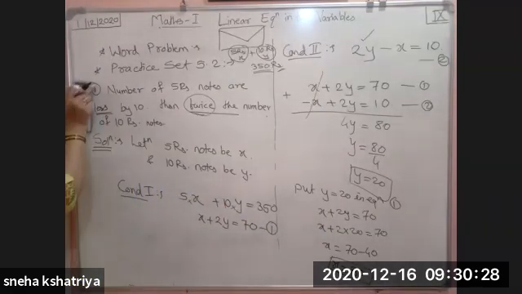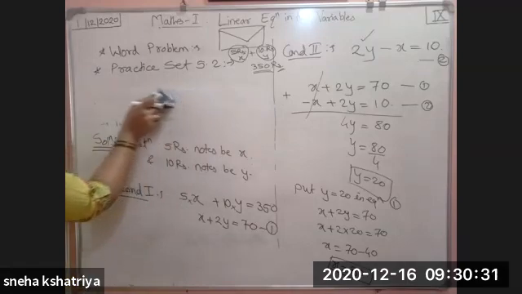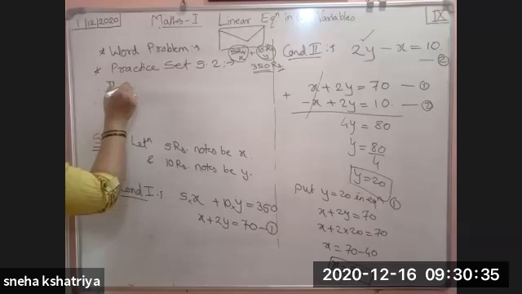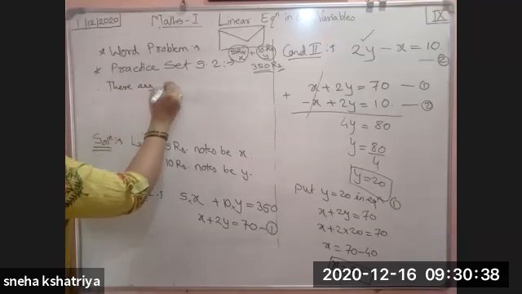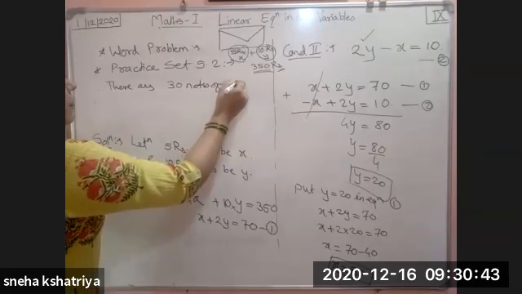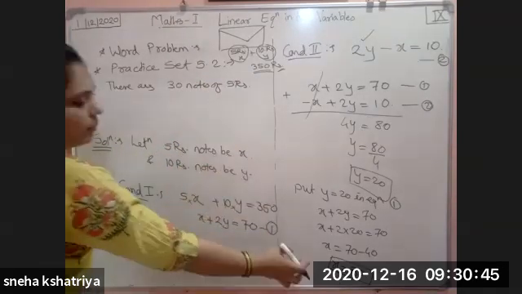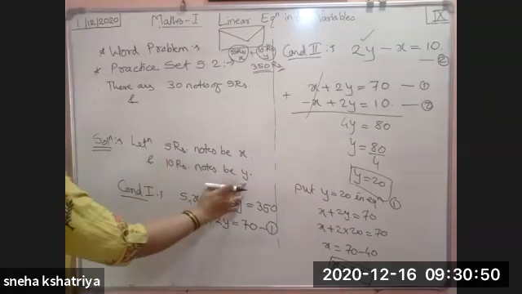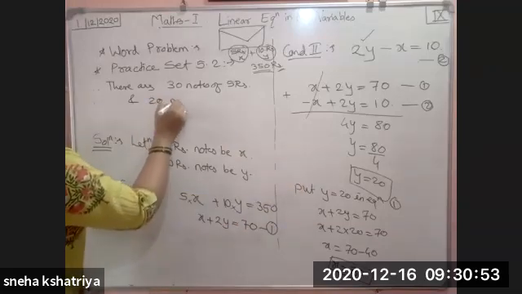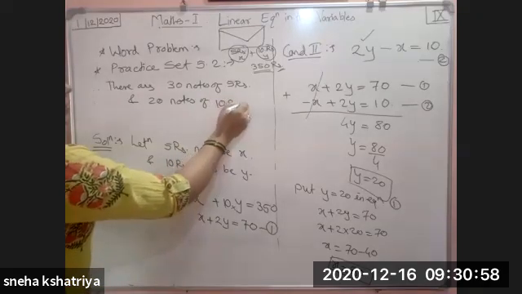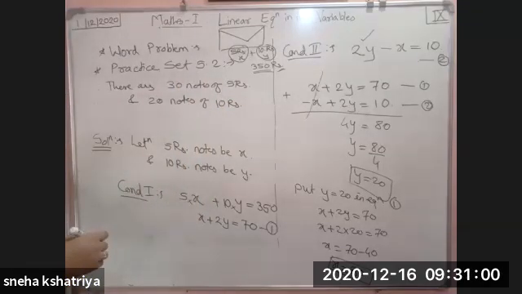Therefore, there are 30 notes of 5 rupees, since x is 30, and y is 20, so 20 notes of 10 rupees. This is your final answer.